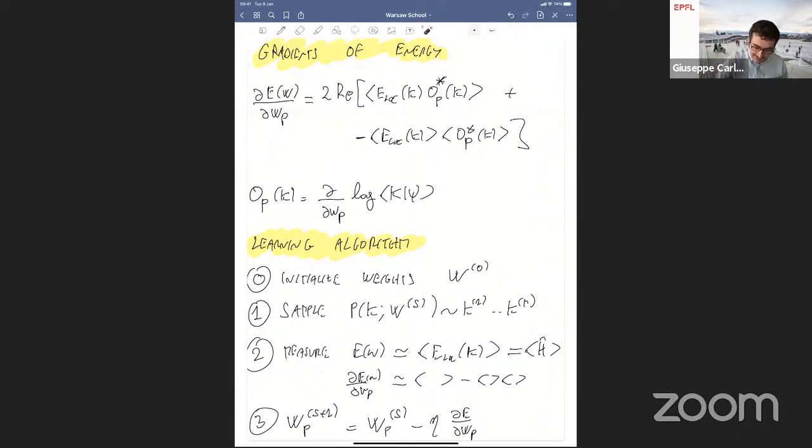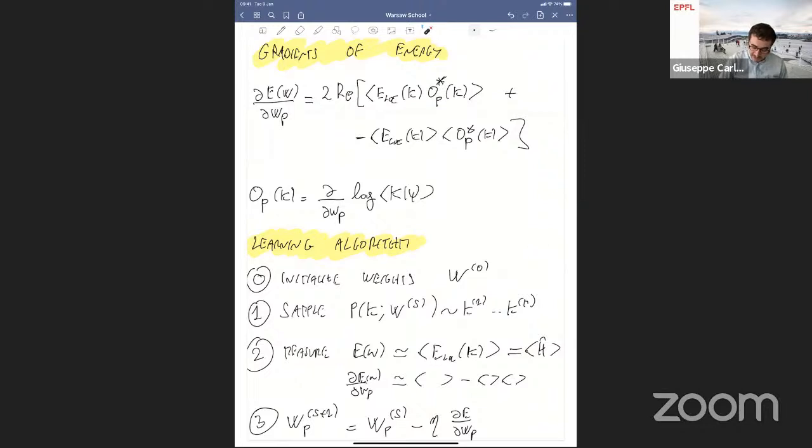And you see that, as I was mentioning at the very beginning, this procedure differs from, for example, supervised learning. In this procedure, we don't have external data, so we don't have samples of the wave function or even the exact energies.